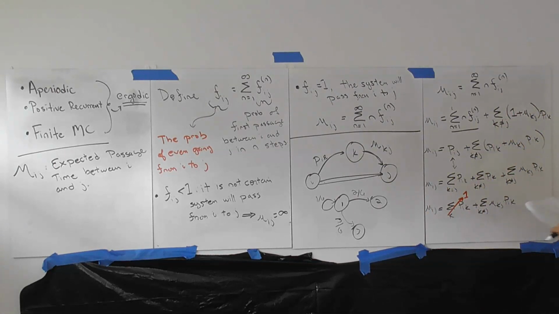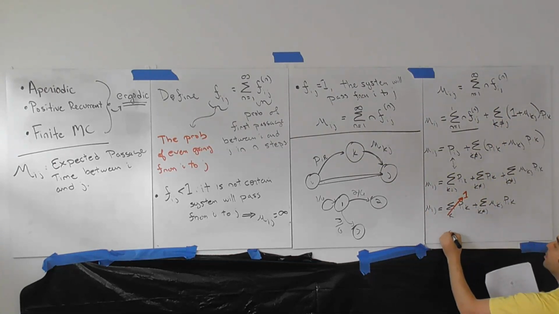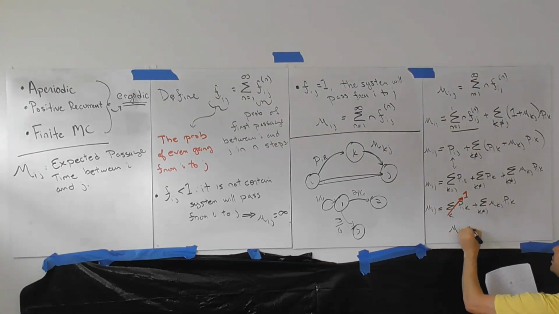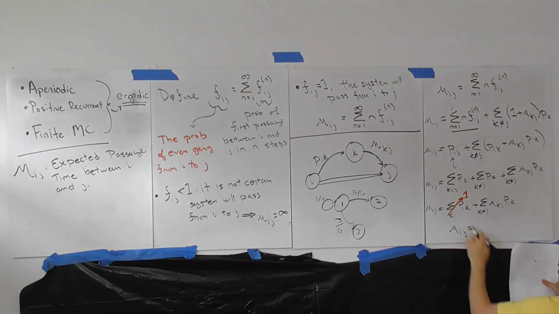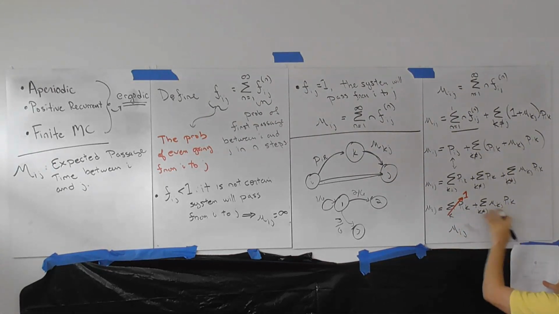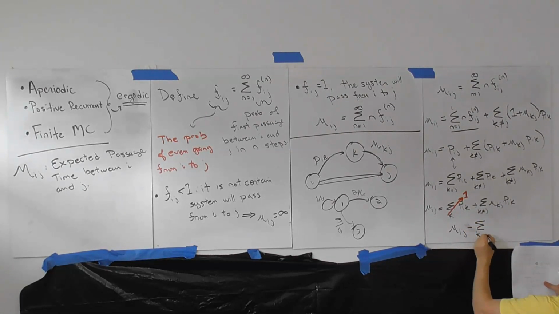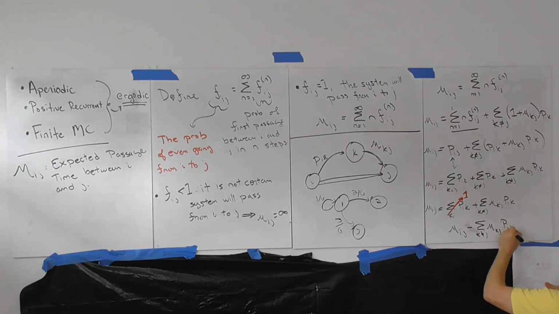So if we move things around, we can say mu ij, and I'm going to move this term over, minus the sum of k not equal to j of mu kj times pik is equal to 1.